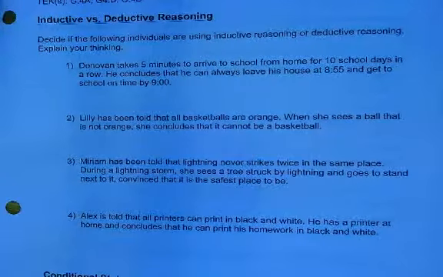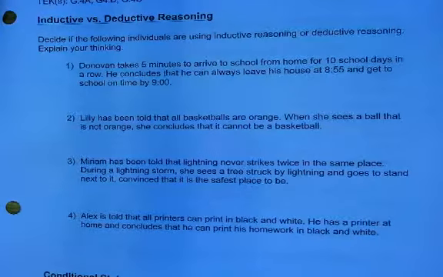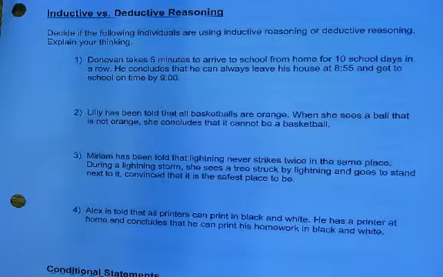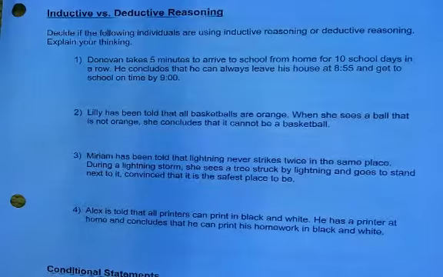When she sees the ball is not orange, she concludes that it cannot be basketball. Is that clear? Alright, here we go. Number 1, Donovan takes 5 minutes to arrive to school from home for 10 school days in a row. He concludes that he can always leave his house at 8:55 to get to school by 9. Deductive or inductive? Inductive. Very good.